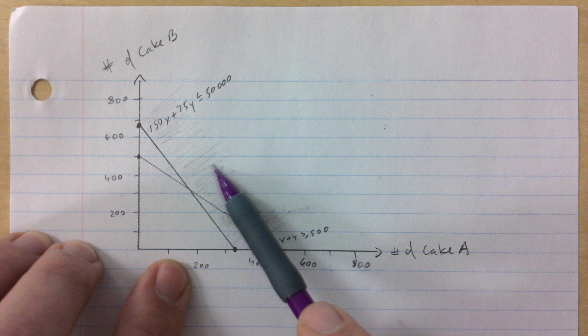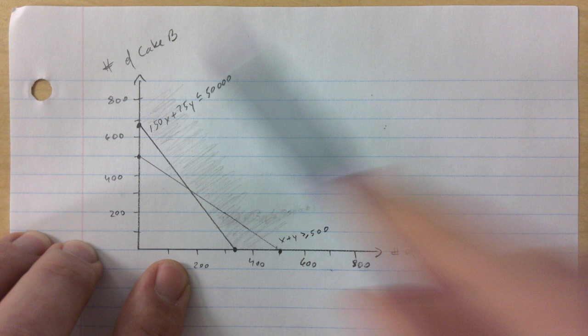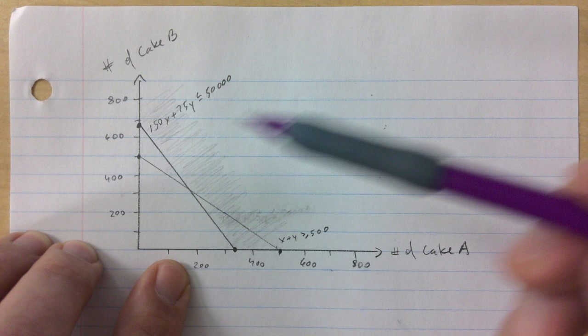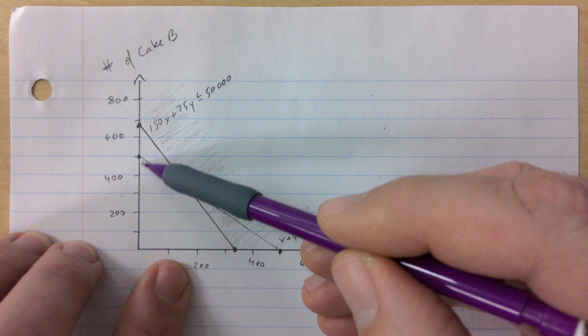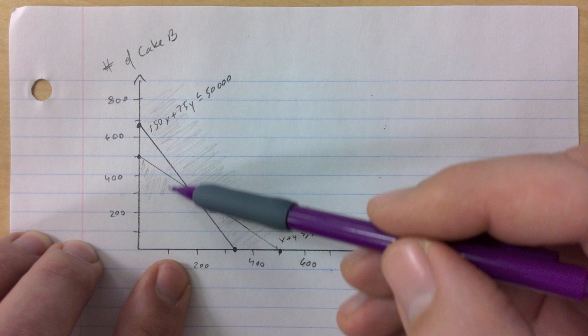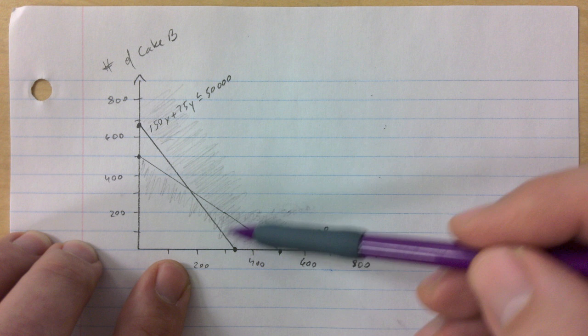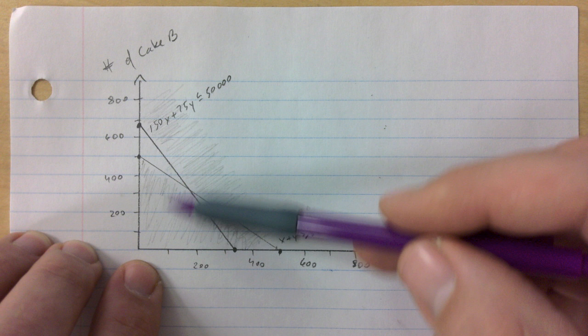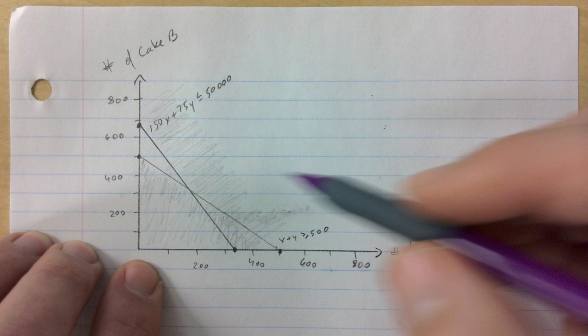That would be the shading of that line. And the other one, we're supposed to shade below. So you follow that line, and everything below it is gone, right? Technically.